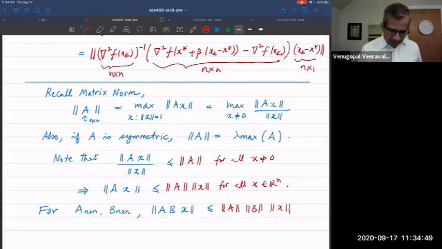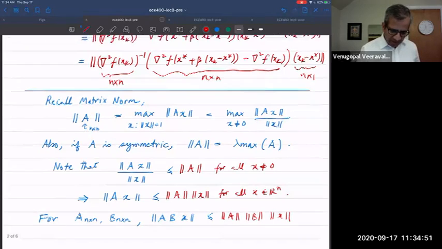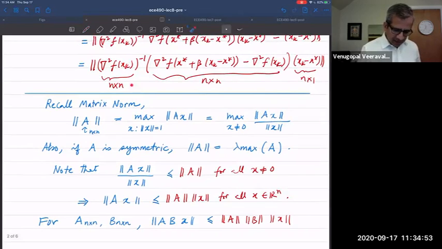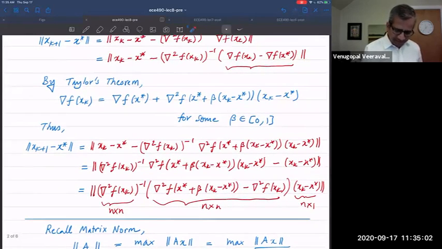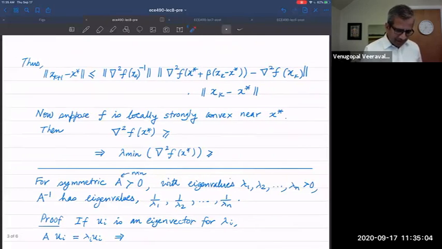So how do we apply this? We're going to apply this to this product. I have the norm of this guy, the norm of this guy, and the norm of this guy to upper bound this quantity. So that's all I've done here. I have the norm of x_{k+1} minus x star is less than or equal to the norm of the first matrix, which is the inverse of the Hessian, and then the difference between these two Hessians, and the norm of x_k minus x star.